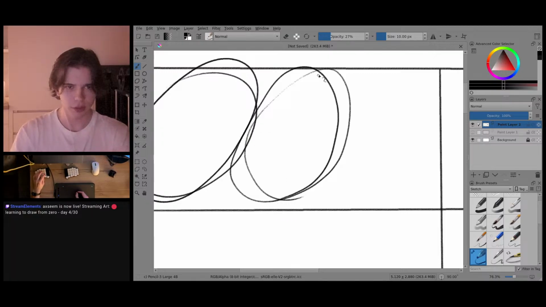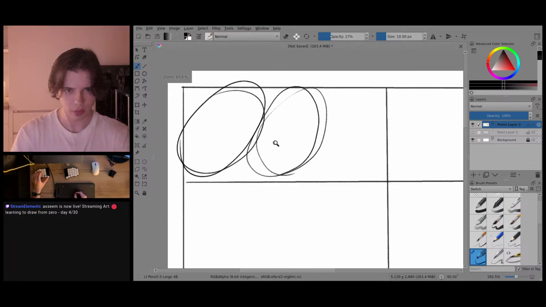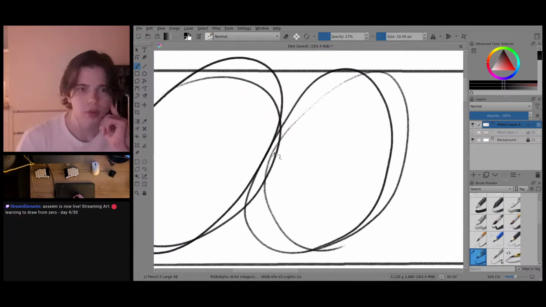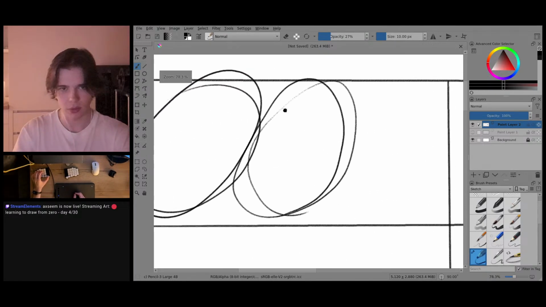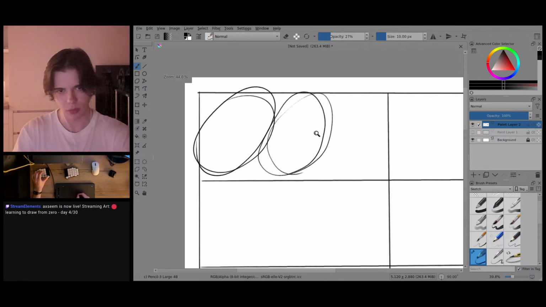I got it right here though, right? It overlaps only a little bit. Here is good, but the ellipse itself is not kind of round.